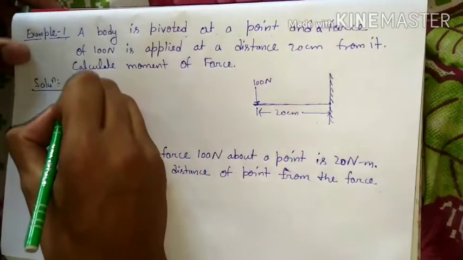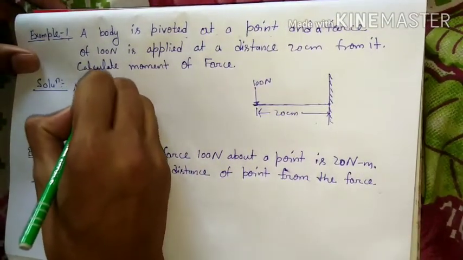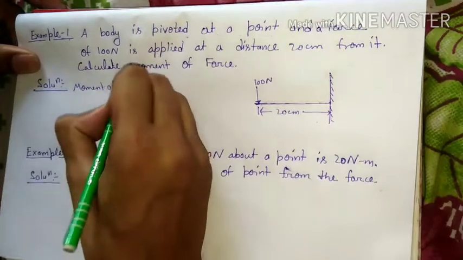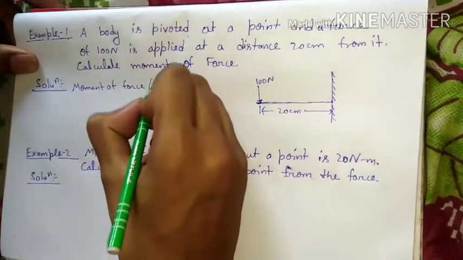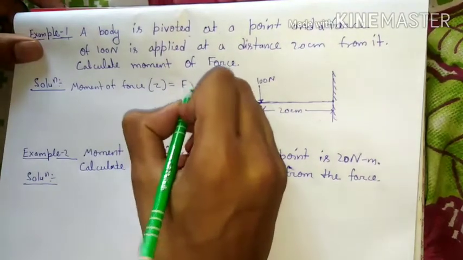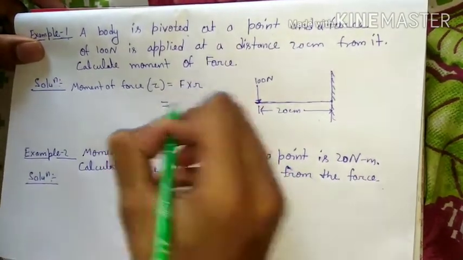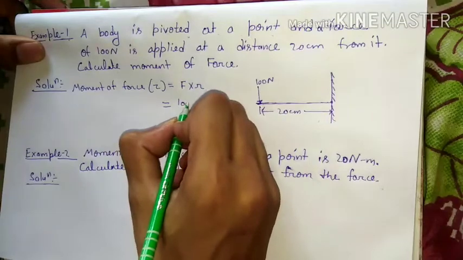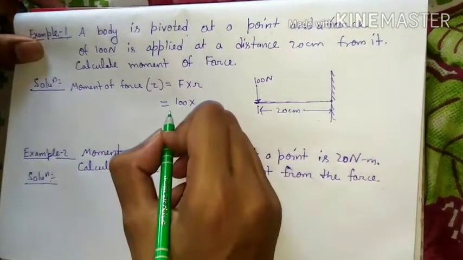We know that moment of force tau is equal to force into distance. Force is given here as 100 Newton and distance is 20 centimeter.